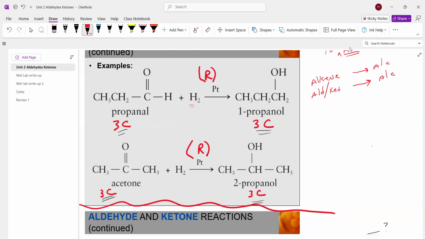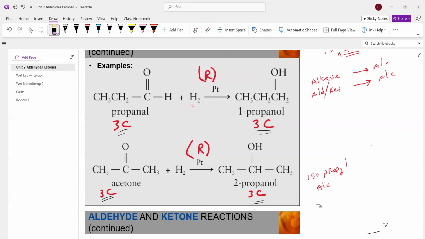The acetone version, 3 carbons, in a reductive environment, we're going to end up with 2-propanol, or isopropyl alcohol, or rubbing alcohol. Okay, those are the simplest reactions for aldehydes and ketones.